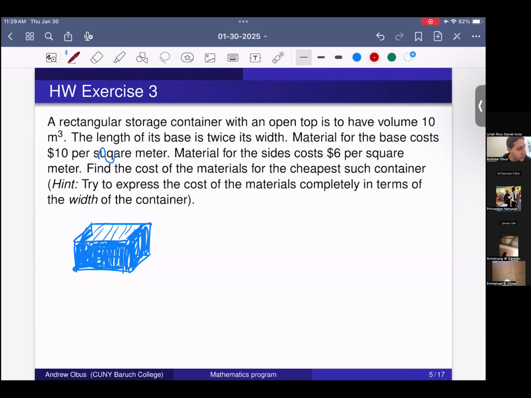So this over here is going to be the length L, this is going to be the width W, and this is going to be the height H. And what we know as a constraint is that the volume V is equal to 10 cubic meters. Then we have all of these possible inputs, the length, the width and the height, but they're constrained in several ways. So what equations do we know that relate the length, the width, the height, and the volume?